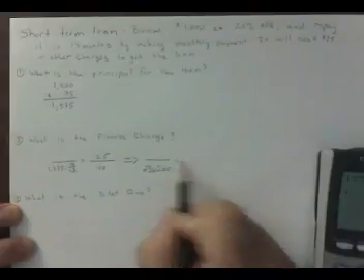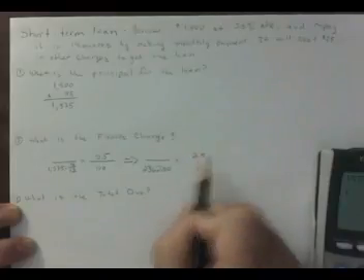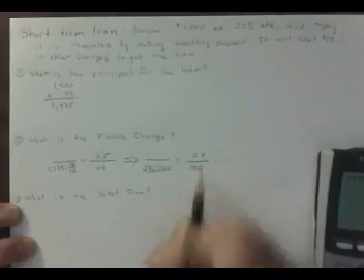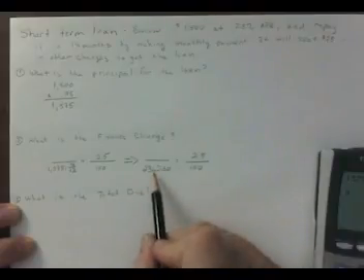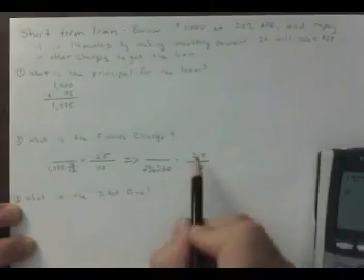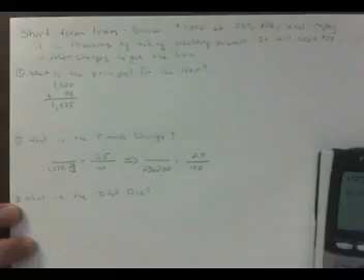So now we have 2,362.50 is equal to 2.5 over 100. Now we just simply solve that proportion. We'll multiply 2362.50 times 2.5 and divide that by 100.